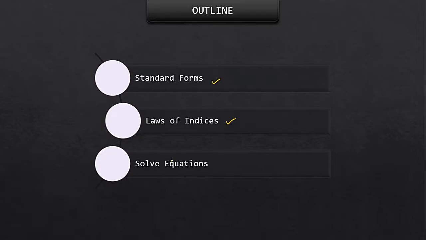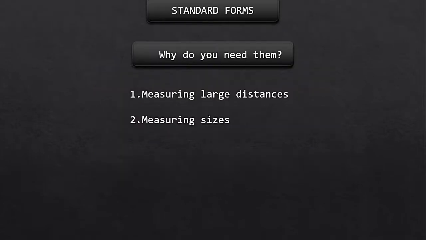Then, when we have a good understanding of the standard forms and the laws of indices, we can apply what we've learned to solving equations. And it's also going to be an interesting ride, so hang on.